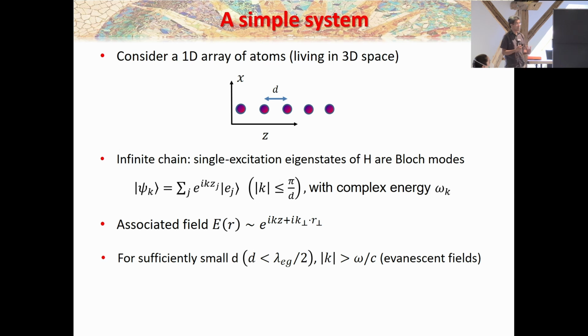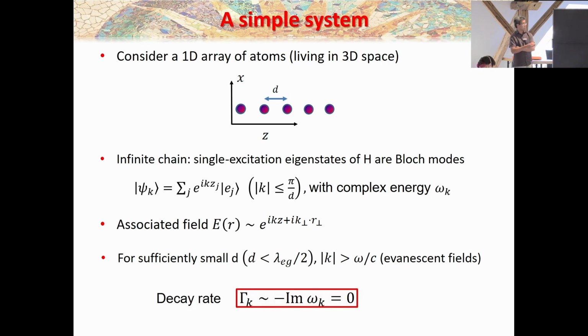Once that happens, the electromagnetic field that you generate is no longer a radiation wave, it's evanescent. So it actually can't carry away energy. And so you can automatically conclude that the decay rate of those particular Bloch modes will be exactly 0. So I have an excited atom, but it's never able to shed off that excitation.